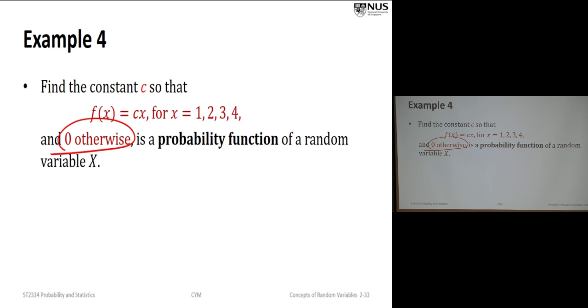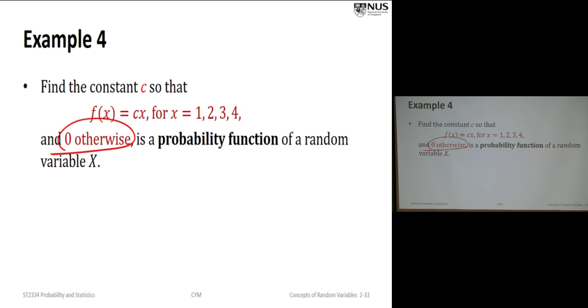If X equals 1, 2, 3, 4, then I use the formula. If X takes a value other than 1, 2, 3, 4, let's say 1.5, let's say 10, then f of X, that means the probability, is equal to 0. That's what 0 otherwise means. So if X takes other values, then f of X should be 0. A lot of the time we ignore this part, but you had better put it back.